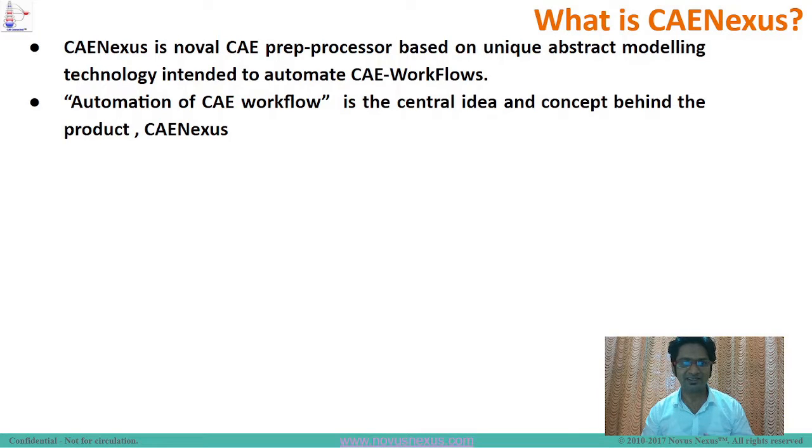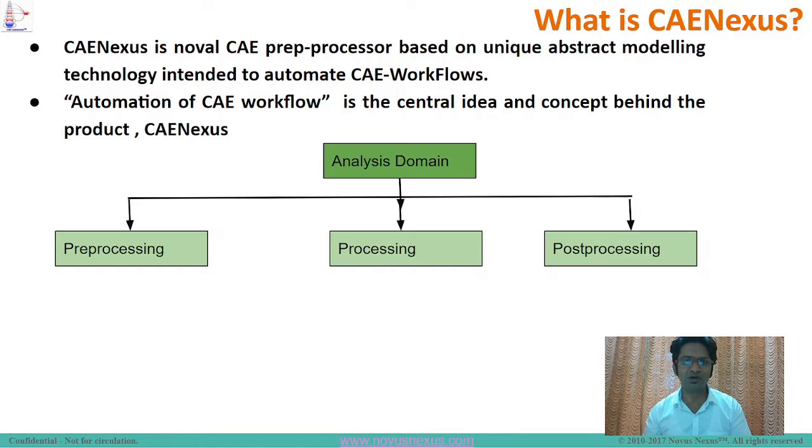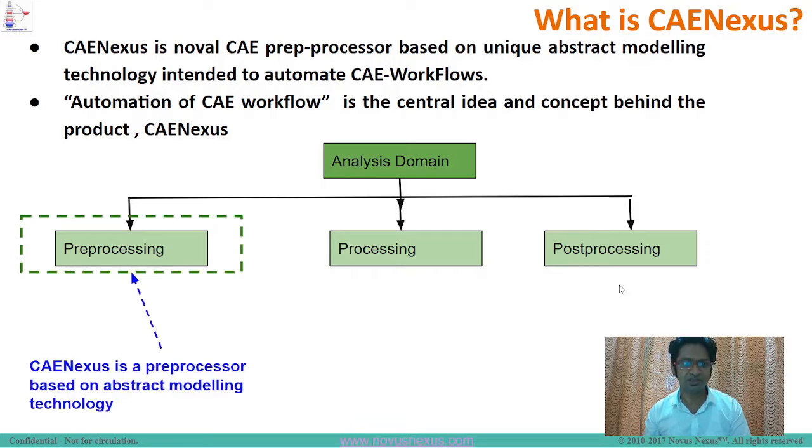CAENexus is actually a preprocessor which is based on unique abstract modeling technology. Automation of CA workflow is the central idea behind this product. If you see any analysis domain, it is subdivided into three domains: pre-processing, processing, and post-processing.